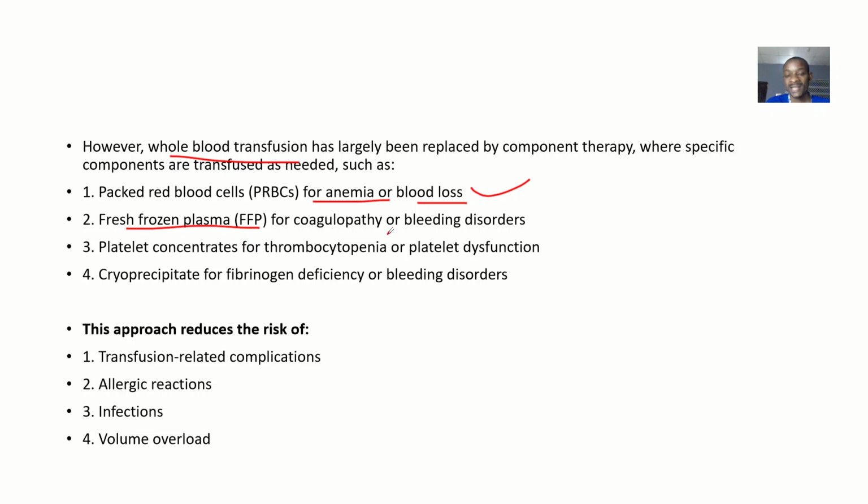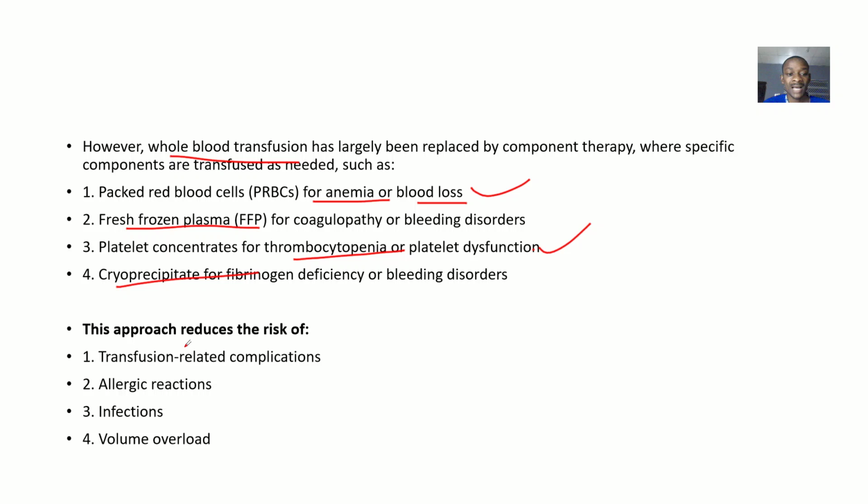That's possibly if they have coagulopathies, diseases related to coagulation or bleeding disorders. Then if they are thrombocytopenic, meaning they have low platelets, or if there's a platelet dysfunction, you transfuse platelet concentrate. Then cryoprecipitate for fibrinogen deficiency or bleeding disorders, you also transfuse this to them.